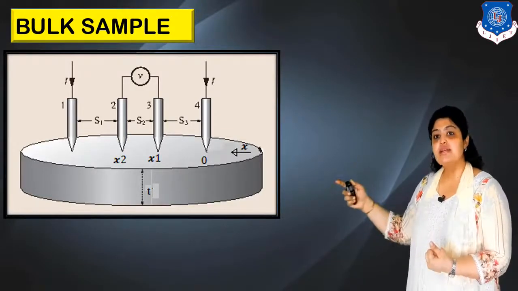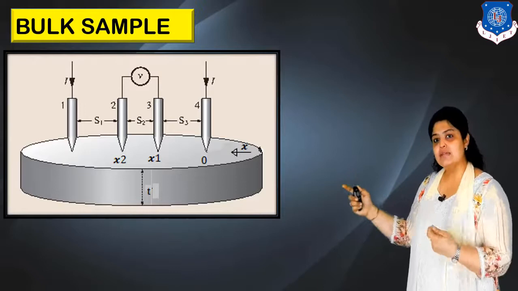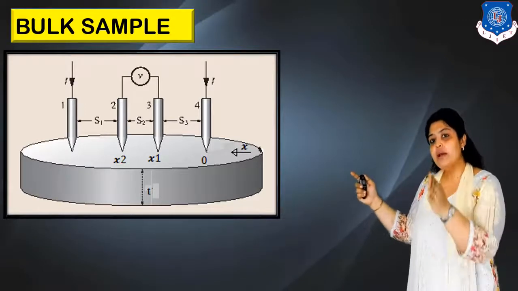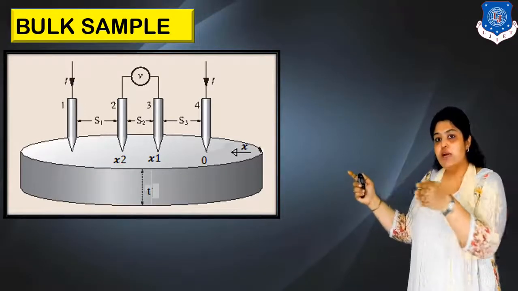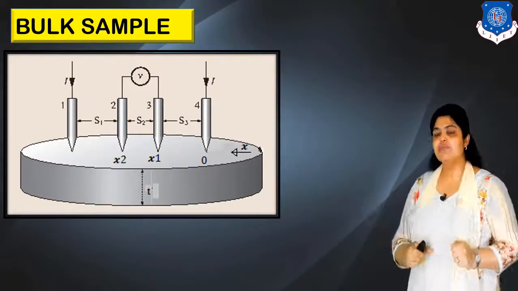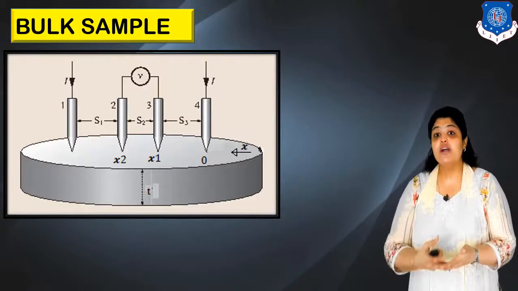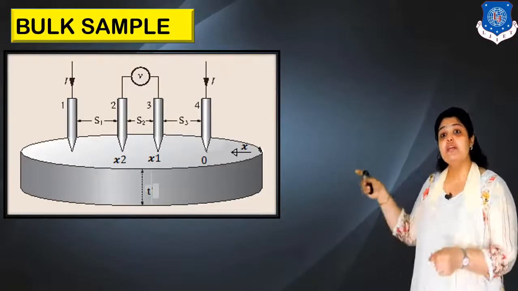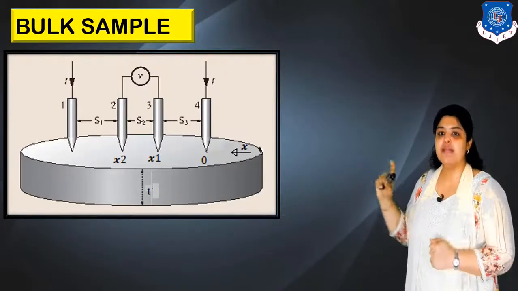Next, what I have done is, I have just assumed an x-axis and I have labeled probe number 4 as 0, corresponding to this x-axis, 3 as x1 and 2 as x2. Now why have I measured? Because what we are going to do is measure the potential difference between x1 and x2.